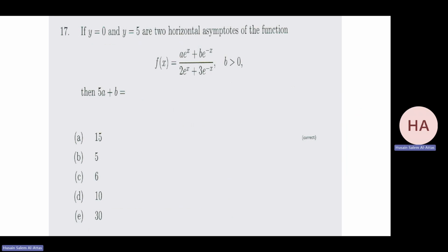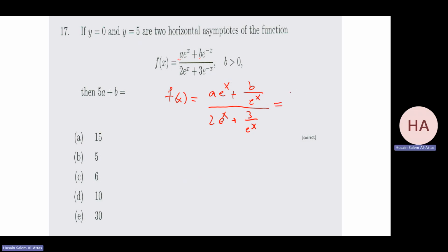Now he tells you y equals 0, y equals 5. He gives you the asymptotes, but he puts variables here, a and b. Who cares? So first I need to simplify this. (ax + b)/(ax) over (2ax + 3)/(ax).